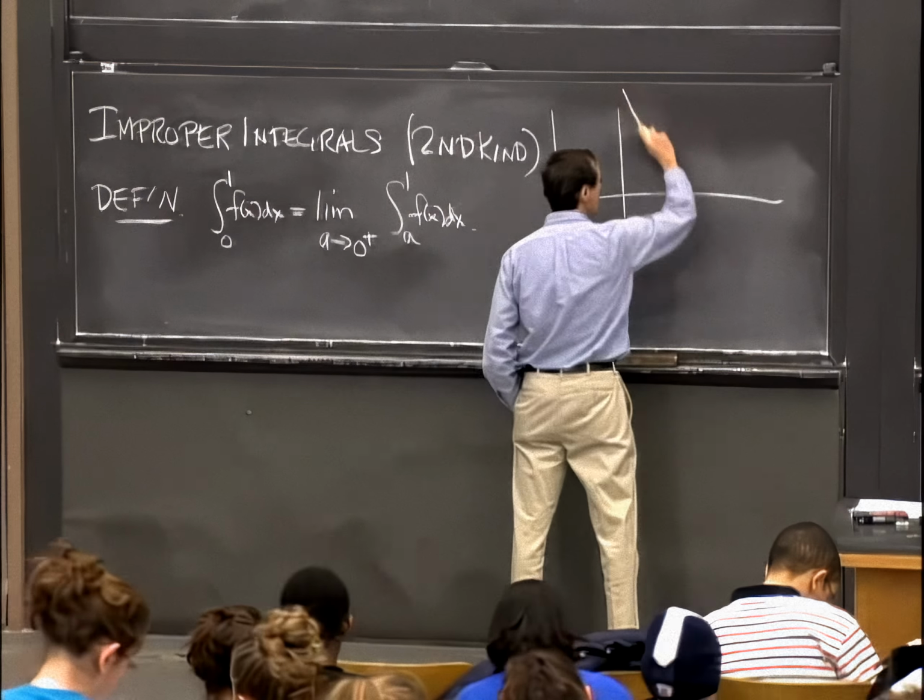So if I want to do these in green, this guy is good, and this guy is good. Well, let me just repeat that idea over here in this sort of reverse picture with y equals 1 over x squared. If I chop that in half, then the good part is this end here. This is finite. And the bad part is this part over here, which is way more singular and is infinite.